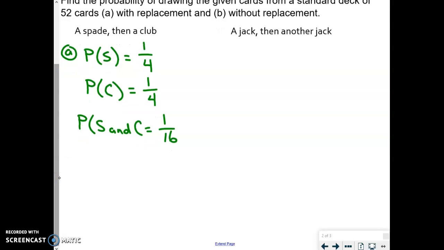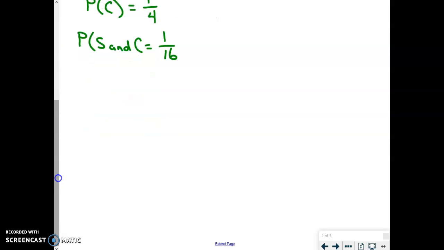Now we take a look at it from the standpoint of if we don't replace it. So there's no replacement. So once again, the probability of drawing a spade would be equal to 1/4. Still, 1 out of every 4 cards in that deck is a spade. But now, since we took that out, now we've got to take a look at what did we do to change that.